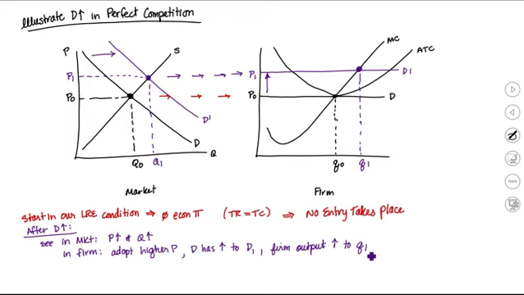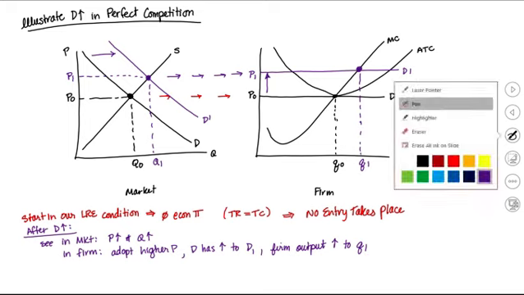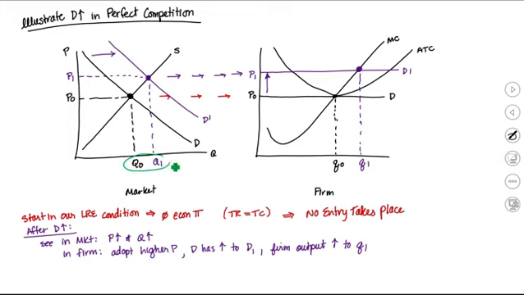So we need to remember that this increase from Q0 to Q1 has to correspond with firms producing more, right? Does that make sense? So these go together. If the market's producing more in the short run, then firms need to be producing more because remember, no new firms are entering here at this point.